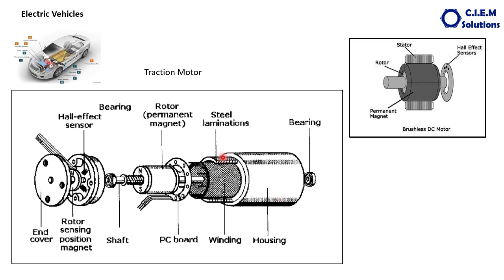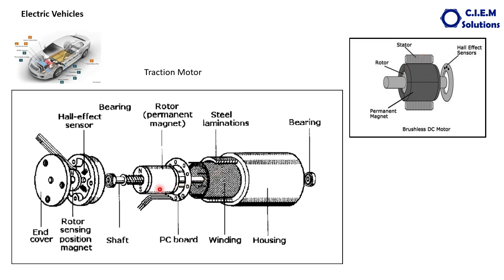First one is the stator. Because it will not rotate, it is a stationary member, it is called the stator. The stator has electrical windings circumferentially at 3 to 6 places. Power is supplied to these electrical windings as and when required, as and when we want to rotate the motor.